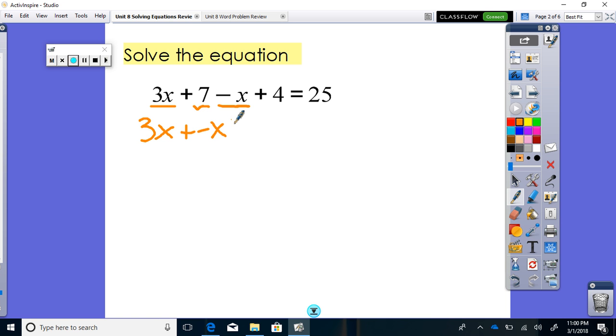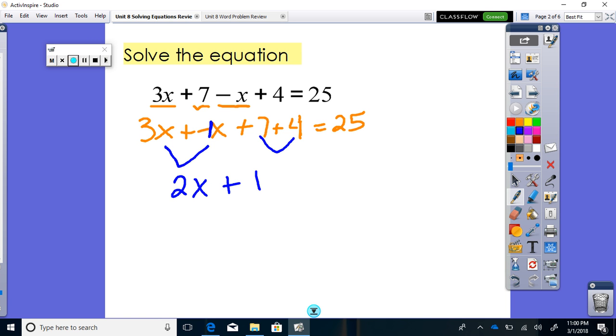And then we have a plus 7 and a plus 4. That equals 25. Then we are going to combine our like terms. Remember, those are terms that are the same. And this negative x means negative 1x. So 3 plus negative 1 is 2x. And 7 plus 4 is 11.